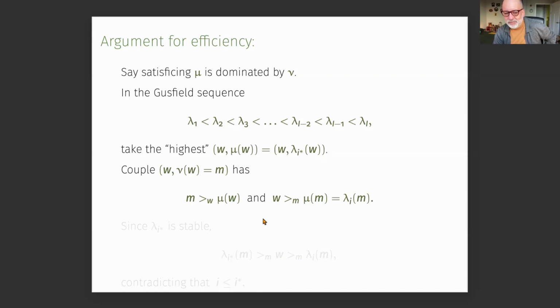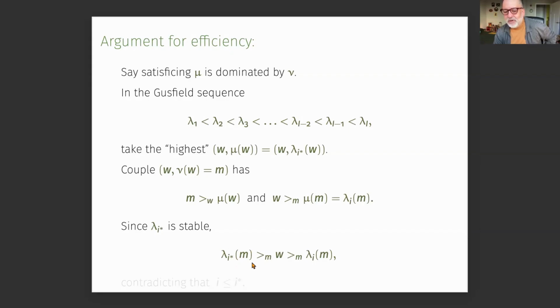But then that is the point. Lambda I star is stable. So if Karen likes Martin more than John, then it has to be true that John likes whoever he was with in that matching over Karen. This is Cleopatra.